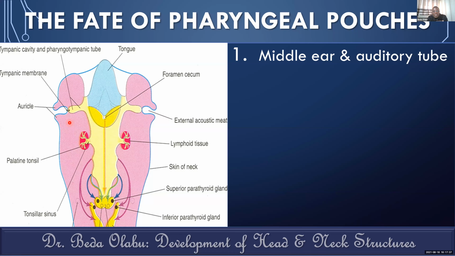But the first cleft formed something, the outer ear, as we can see in that image, and the edges of the cleft form the earlobe, the pinna of the ear or the auricle. The first pouch forms the auditory tube, middle ear, and mastoid antrum.